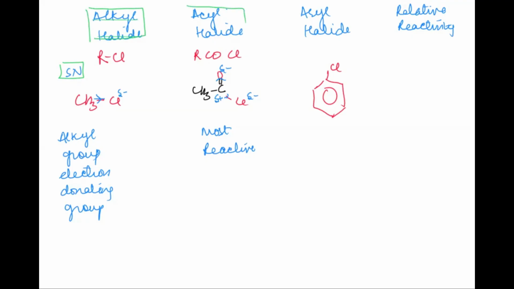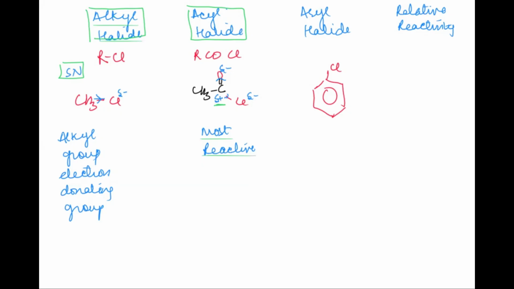Now, when we compare with acyl halides, we have a carbon in between two electronegative elements, oxygen and chlorine. They being electronegative, they are pulling the electrons towards themselves, making the carbon more polarizable, having a stronger positive charge. So in comparison to alkyl halide, the acyl halides are much more reactive.